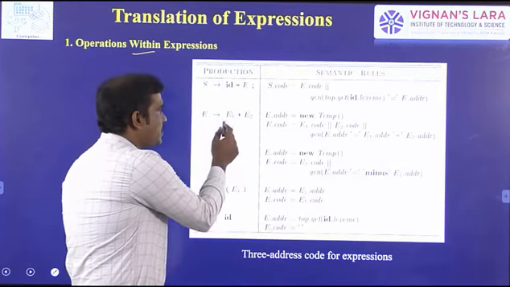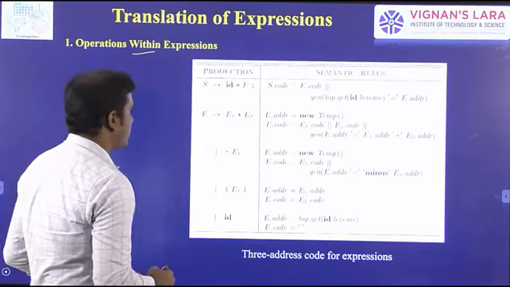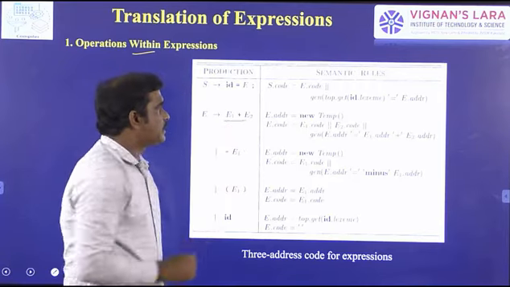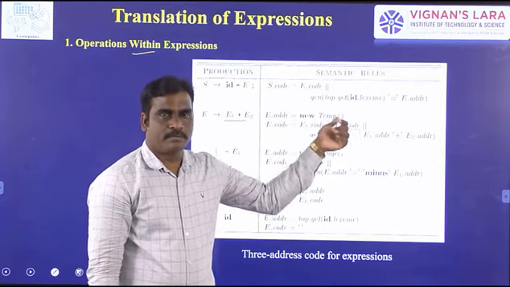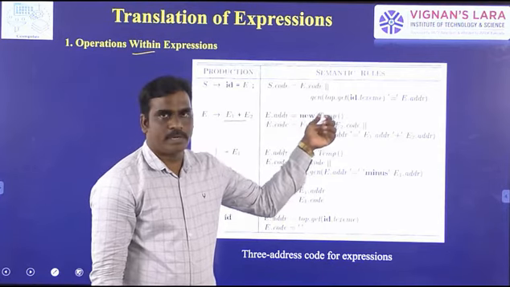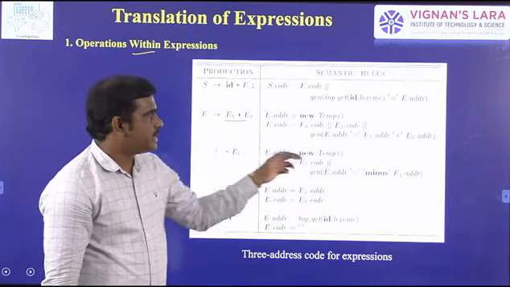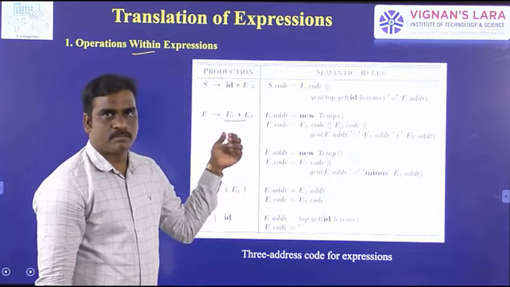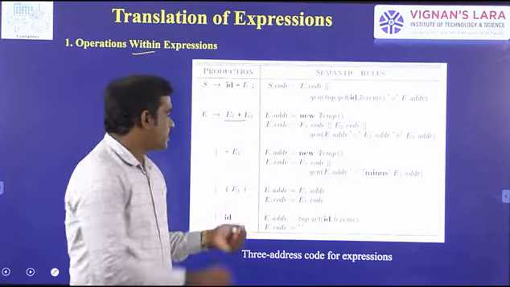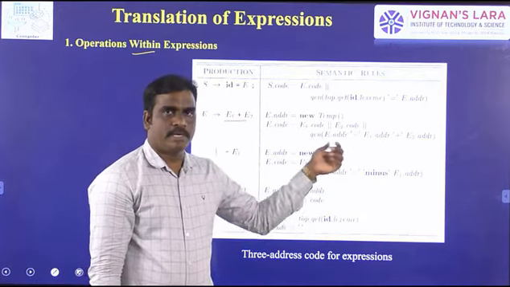Next one is E → E1 + E2. In this case first we have to create a temporary variable, new Temp, and generate the address E1.address + E2.address. In the same way for minus E1, first create a new temporary variable.